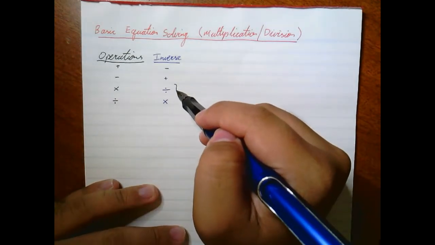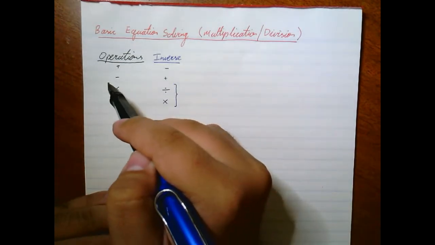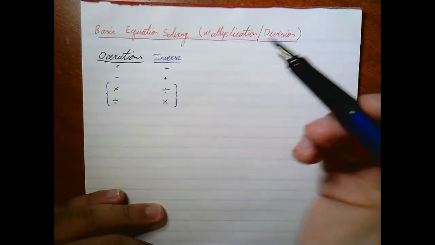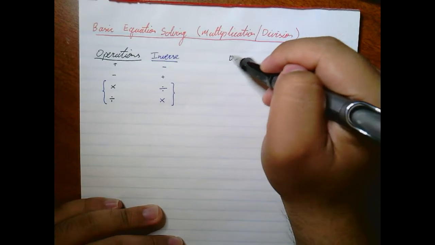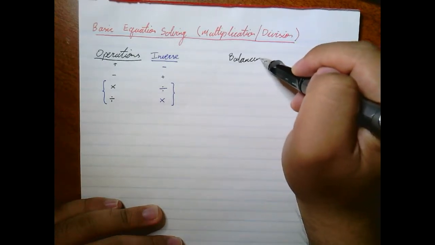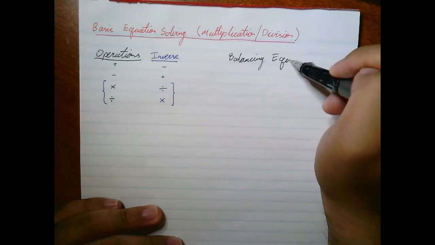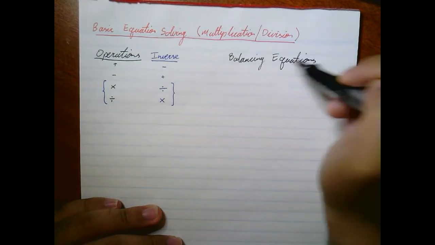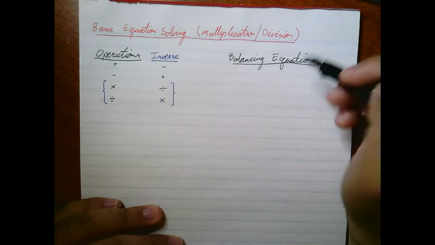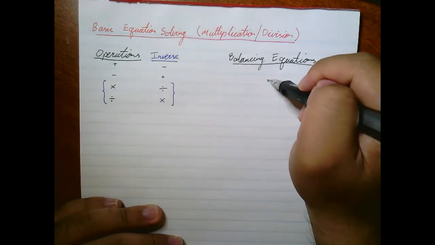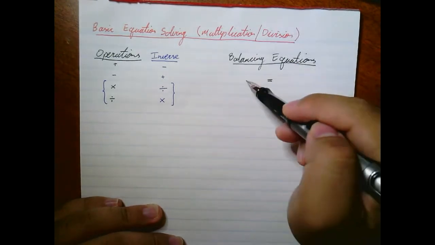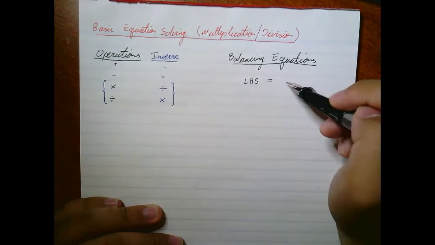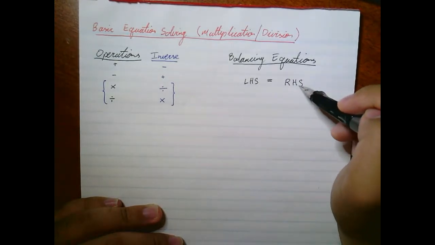For this one we will only need to focus on multiplication and division. And on top of this we also had balancing equations. We said that when there's an equal sign, it splits an equation into two sides, a left-hand side and a right-hand side.